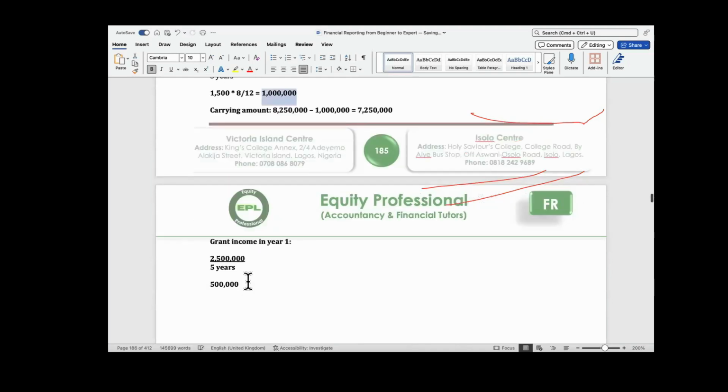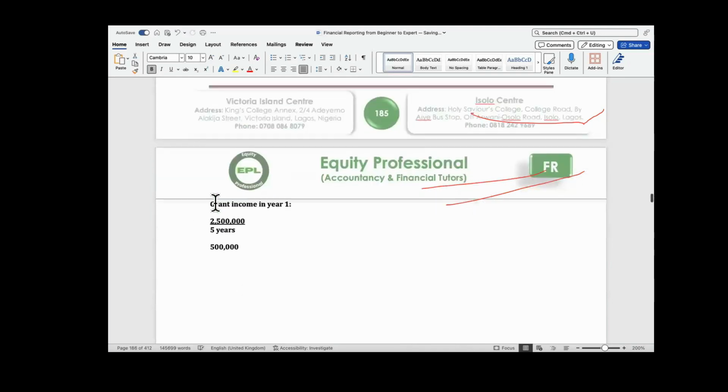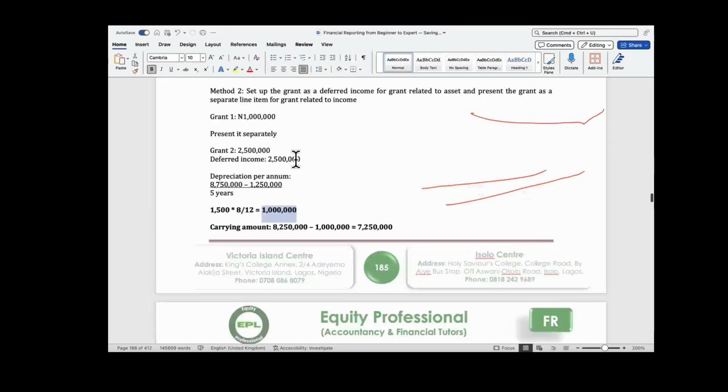Okay, we're talking about this grant income. You know that we are setting it up as a deferred income here, which is method 2. This is the method 2 we are using here for the grant related to assets. So it means that we don't recognize everything in year 1. We are going to find a way to spread it over the 5 years. And the way we usually spread it is the same way you have spread depreciation on the asset.